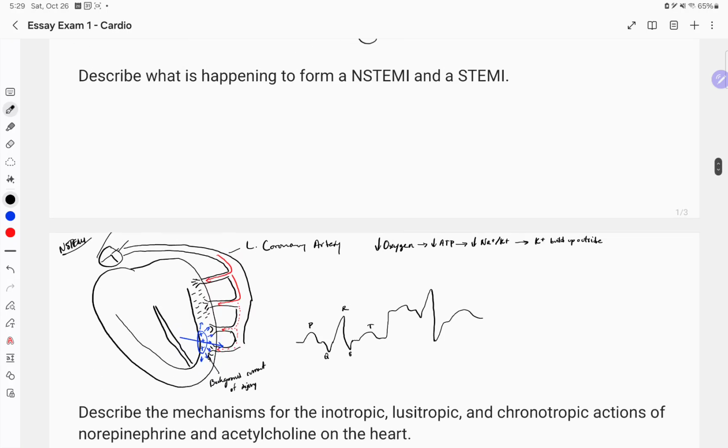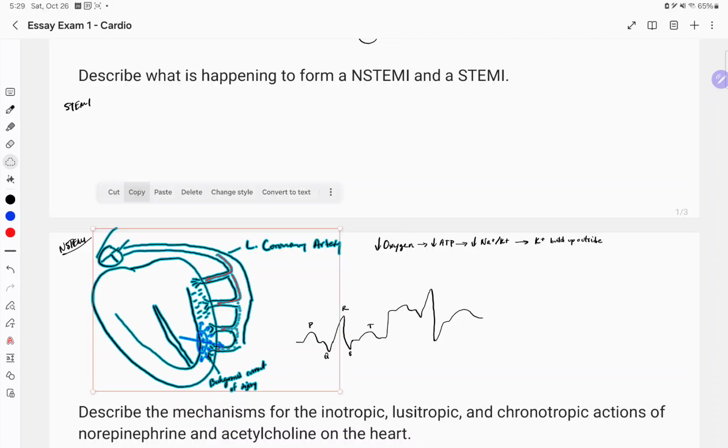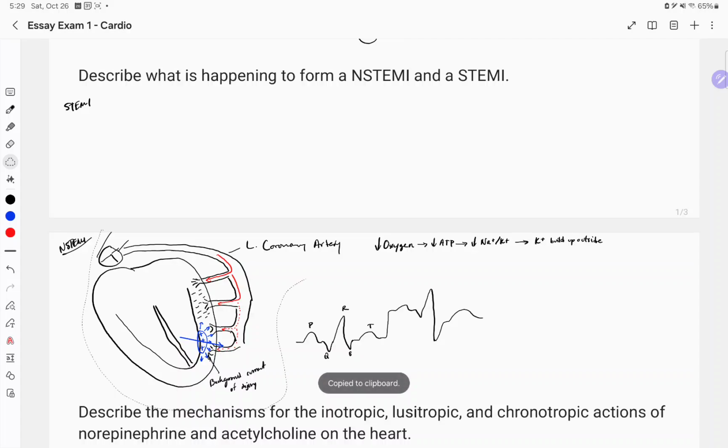So then for like STEMI, it would just be like the same thing but worse, right?